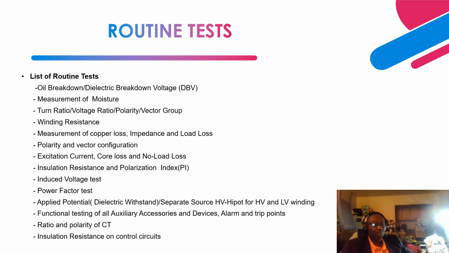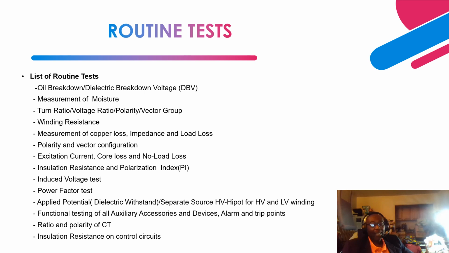Next is the turns ratio. You perform the turns ratio test to make sure that you don't have any broken strands, turn-to-turn shorts, open circuits, or connection problems between the winding leads and the cable, or from the cable to the bottom connection of the tap changer.